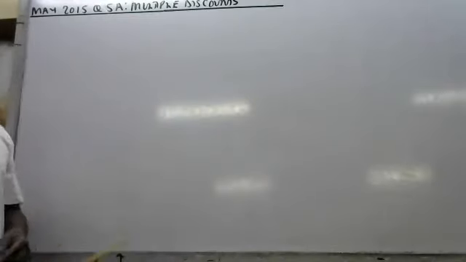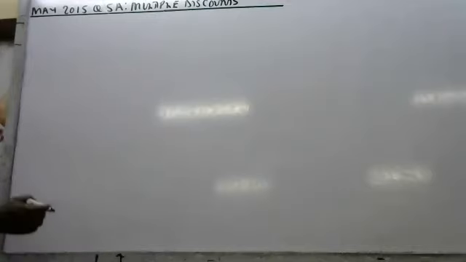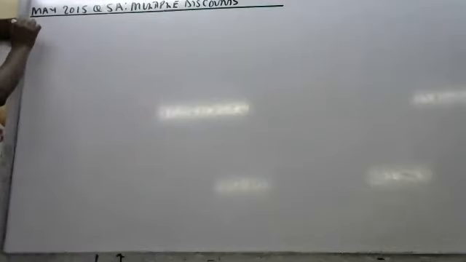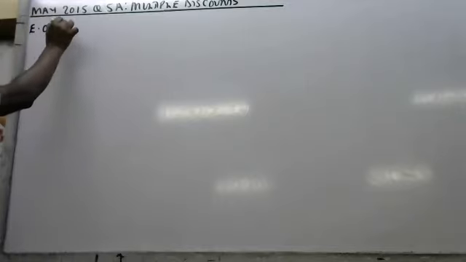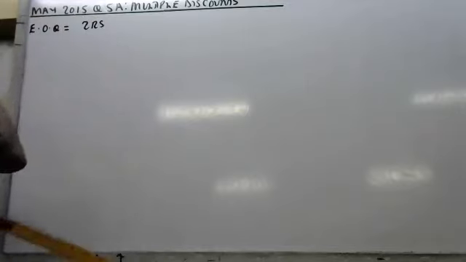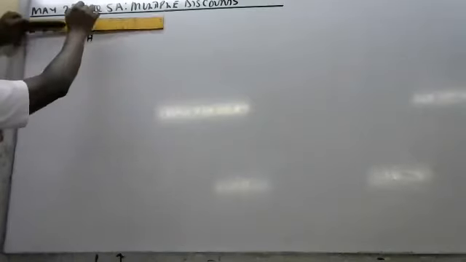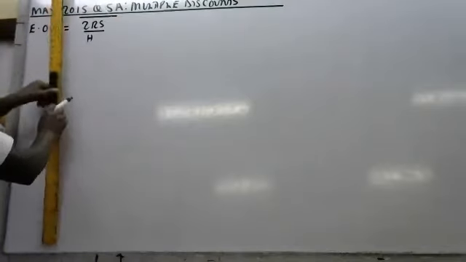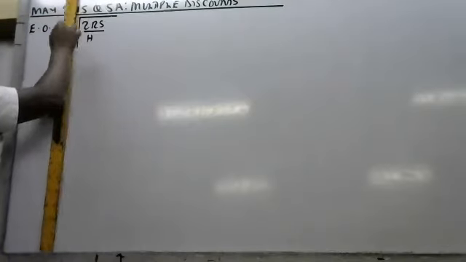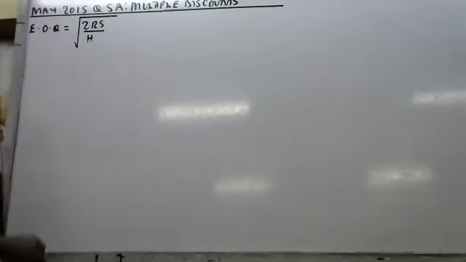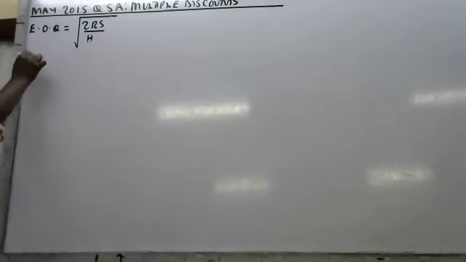So in that, you have first of all to get Q. We know that Q is given as the square root of 2RS divided by H. So our R is the annual demand.